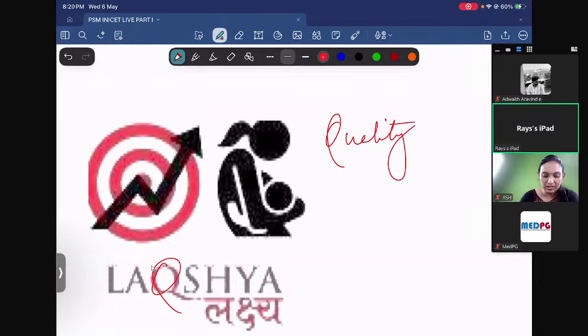So basically, Lakshya is a labor room quality improvement initiative to improve the quality of services and the things provided at the labor room as well as the OT. So LR and the OT, quality improvement, intrapartum quality improvement initiative. Intrapartum is where either it's in the labor room or the OT. So these two places, improvement in the quality, that's what the Lakshya is for.